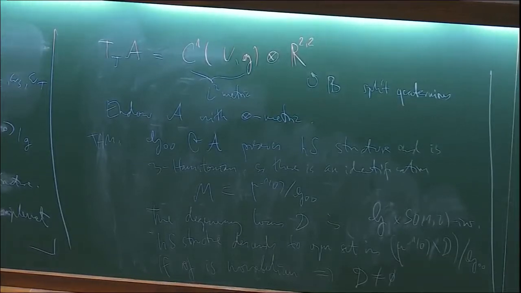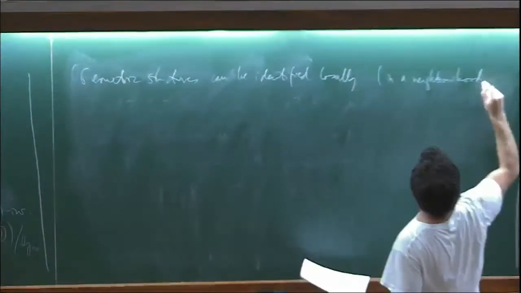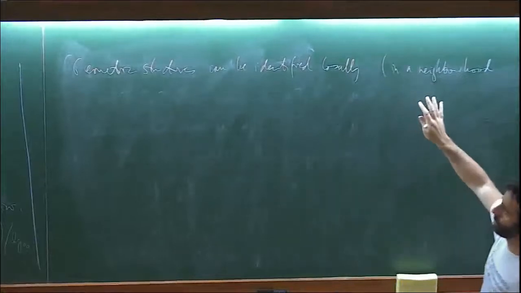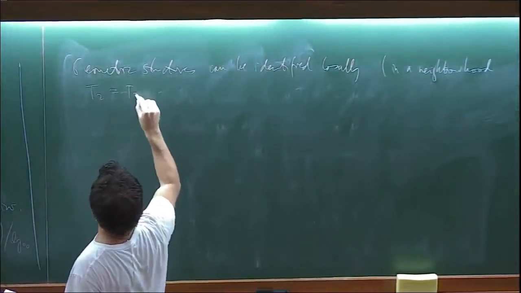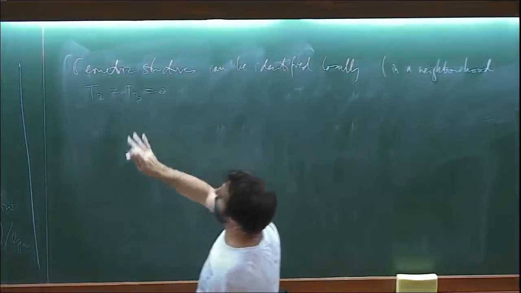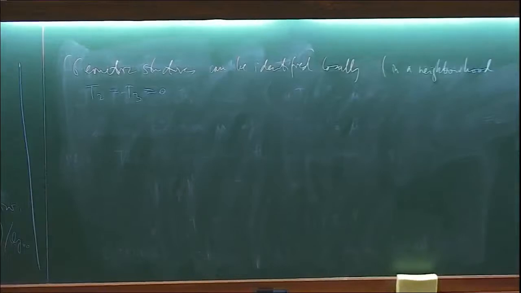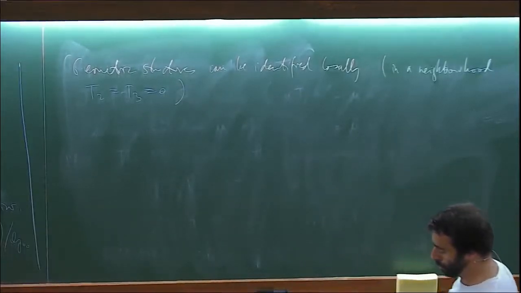In a neighborhood of points where T0, T2 and T3 are small, and away from the degeneracy locus. Okay, so this is what we get.